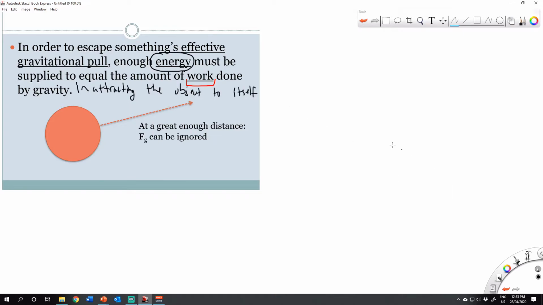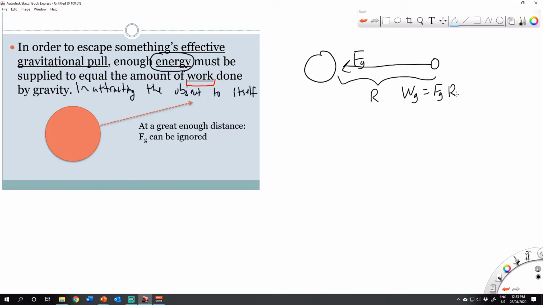So you can sort of think of it as, if this is my planet and I have an object here, the planet is going to exert some force of gravity in this direction. And that force of gravity is going to be doing some work over this distance. So this we'll call r for argument's sake, distance. So the work done by gravity is going to be the force of gravity times r.